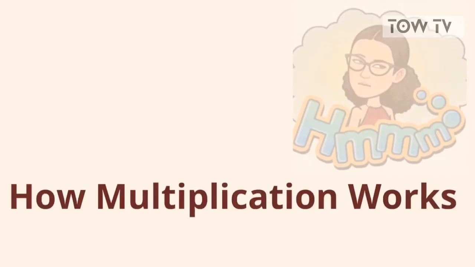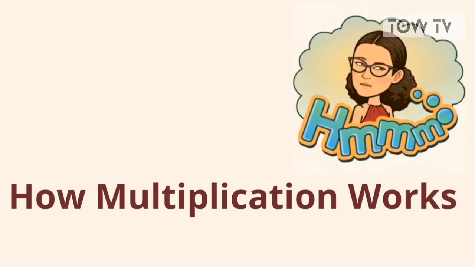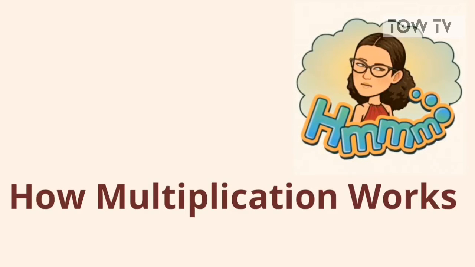The second hack is how multiplication works. We need to find out how it works. If you do not know how something works, you are likely not to get results. The first thing you need to know about how multiplication works is to find out the number in each group.